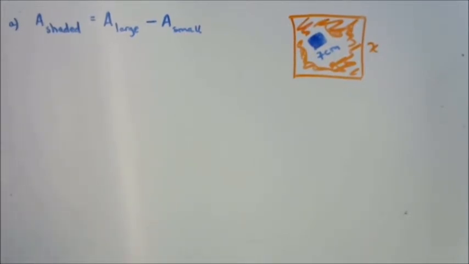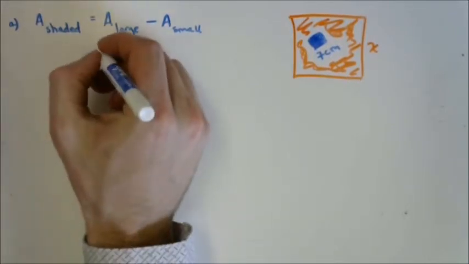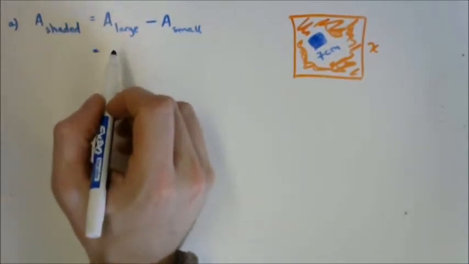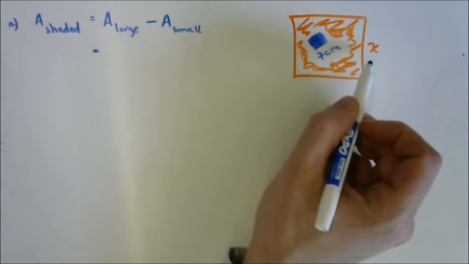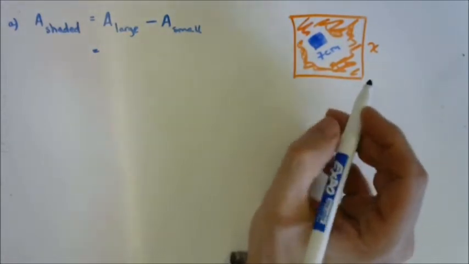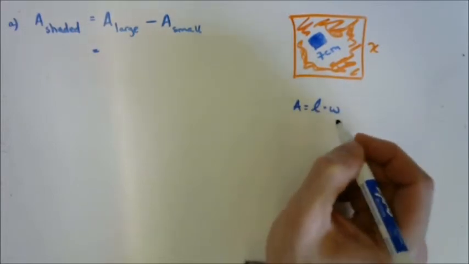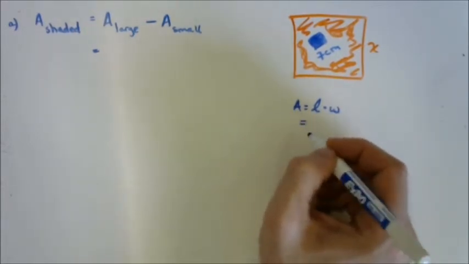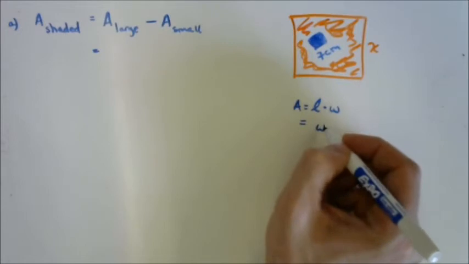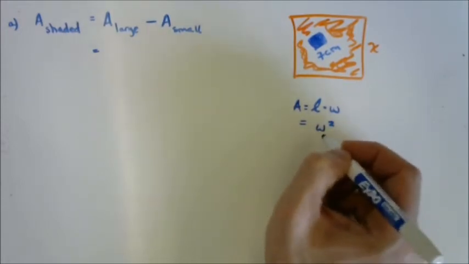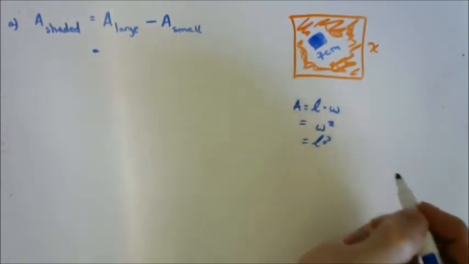Okay, how can we represent the area of the large square? Side length is x. The area is length times width. Or in the case of a square, it's width squared, or length squared.